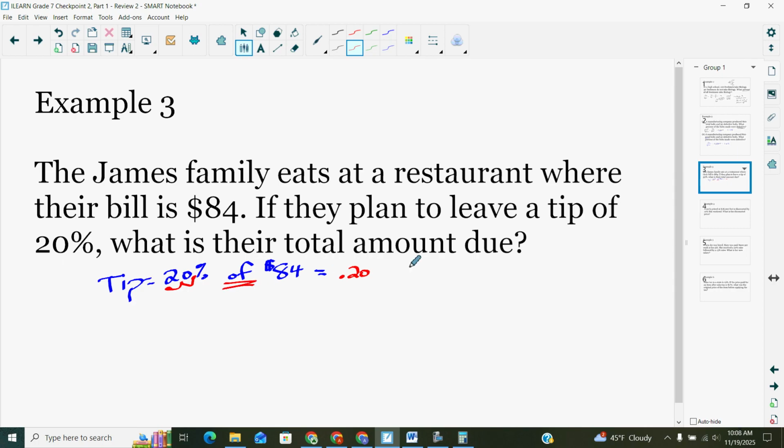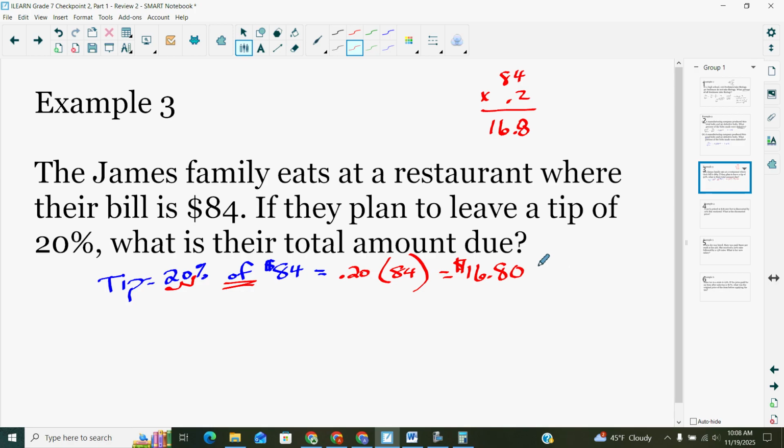For the word of, we multiply 84. So we take 0.2 of 84. This one quite possibly could be no calculator. We can multiply this without. I get 16.8. So the tip amount is $16.80.